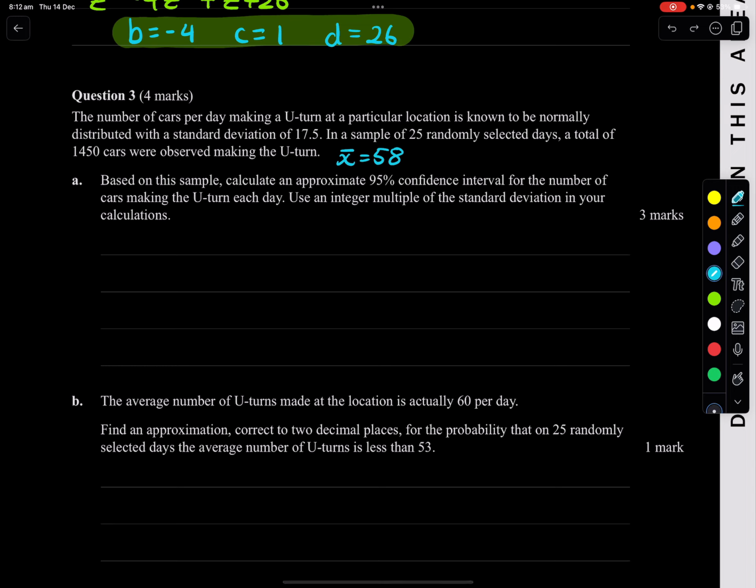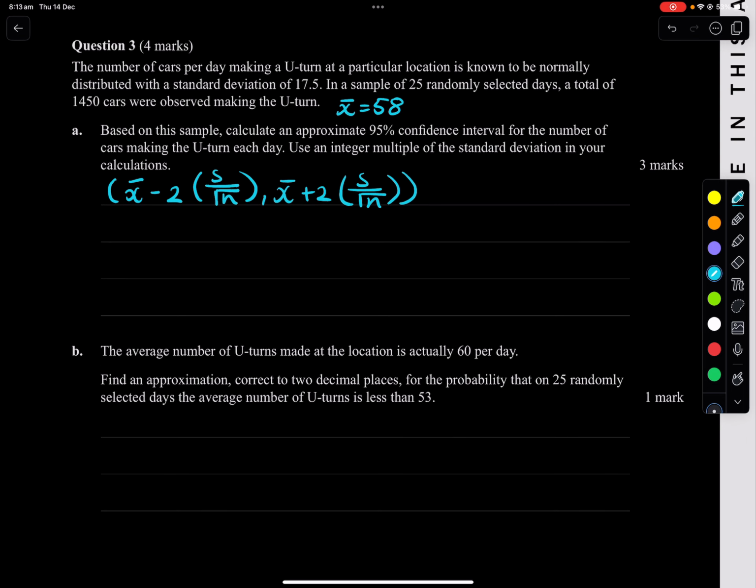Easy. So let's write the formula for calculating the confidence interval. It'll be your sample mean minus, especially because we're doing 95%, 2 S over root N, and plus 2 S over root N. That is your confidence interval. So let's sub in all those values. We have 58 minus 2.